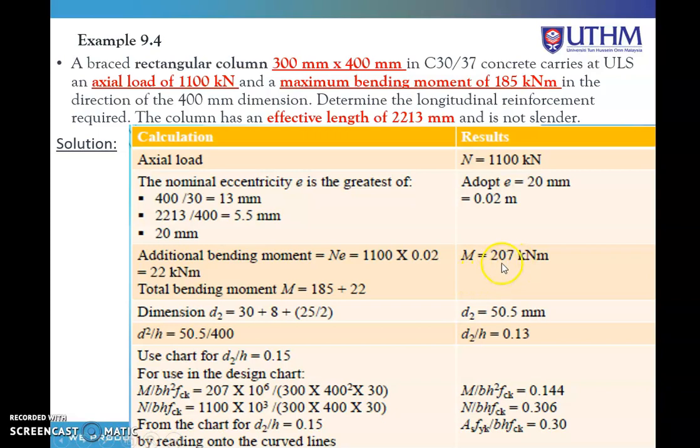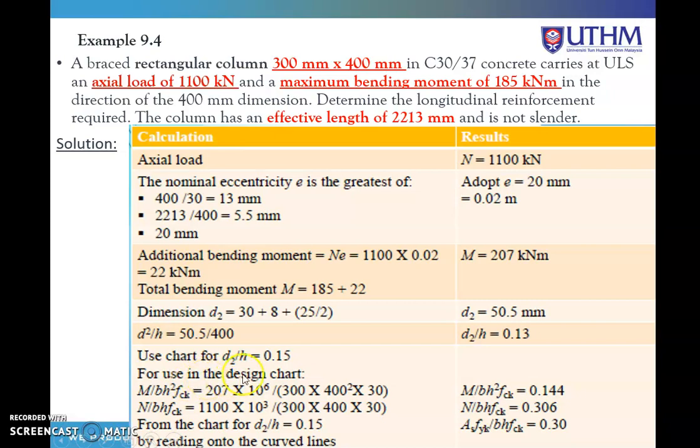So moment now is 207 kilonewton meter. So D2 we already calculated, 50.5. Okay, D2 over H. Not this one, this one is not squared. D2 over H, so 50.5 divided by H 400. So we get this value. So we need to use the chart for D2 over H is 0.15.